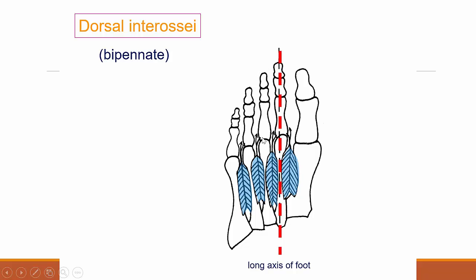And again, these muscles here, abduction of our digits. Dorsal interosseous produce abduction, remembered by DAB. So therefore, any muscle that is producing abduction of our digits must be a dorsal interosseous muscle.